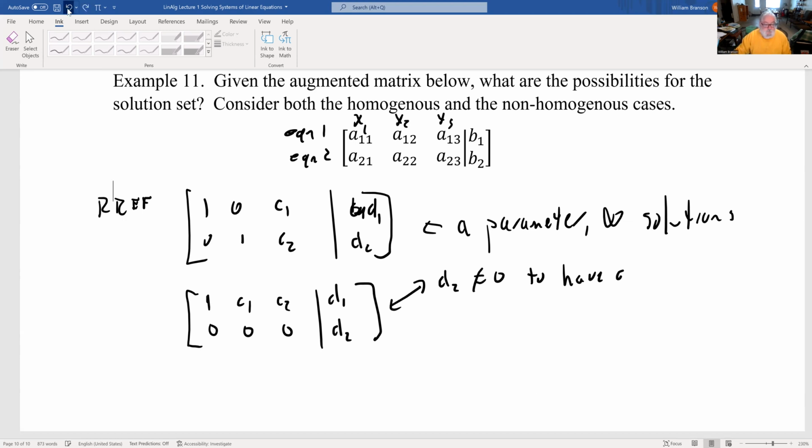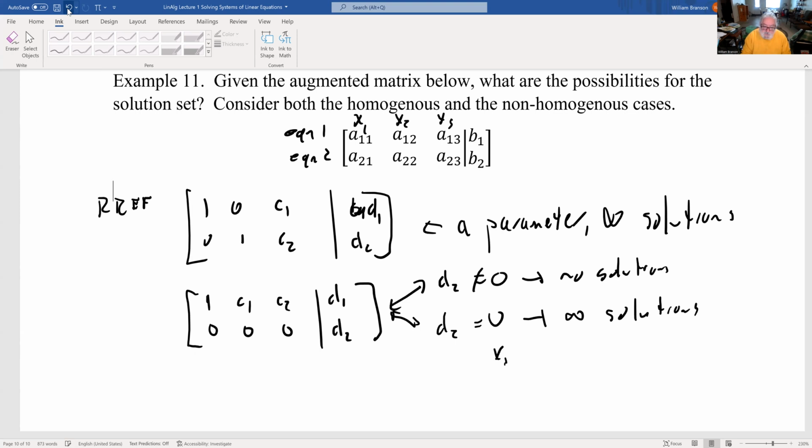D2 not equal to 0 means no solutions. D2 equals 0 means infinite solutions because you actually have two parameters, one for x2 and one for x3.